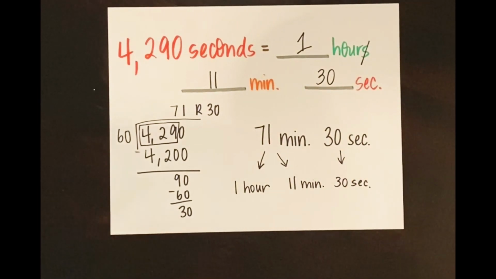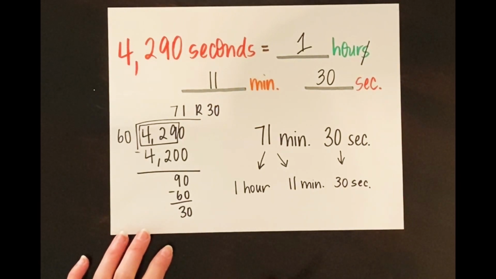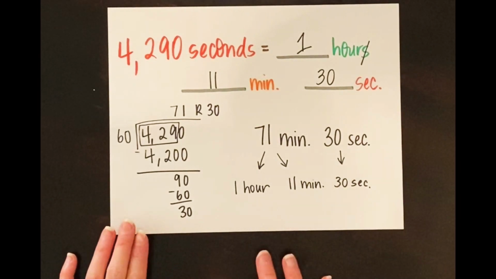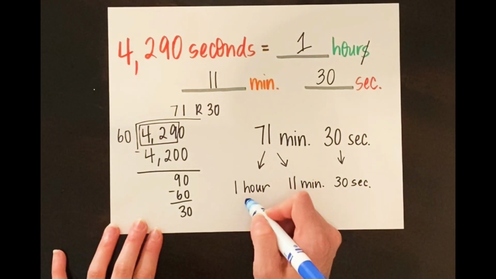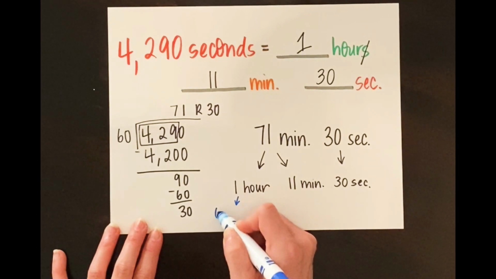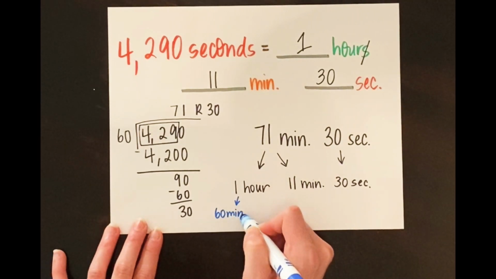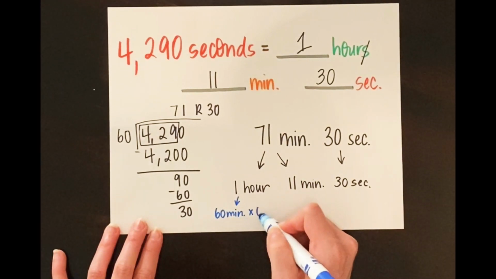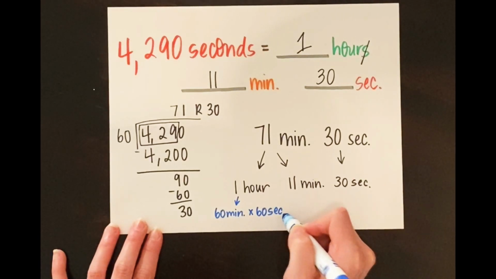And if you wanted to go back and check your work, because you guys know long division is kind of where I feel a little bit uncomfortable. So if you're like me and you want to double check that you did everything correctly, you can use your knowledge of going from a larger unit to a smaller unit by saying, okay, well, 1 hour, that is 60 minutes, and each minute has 60 seconds.